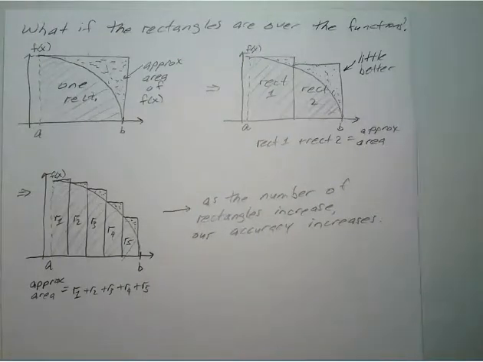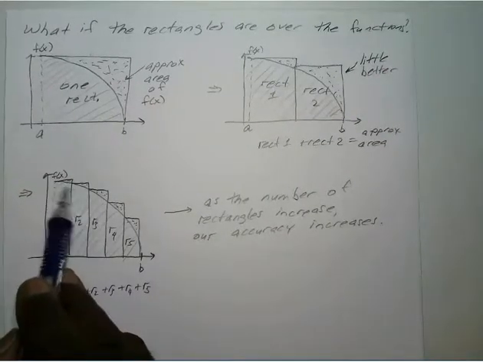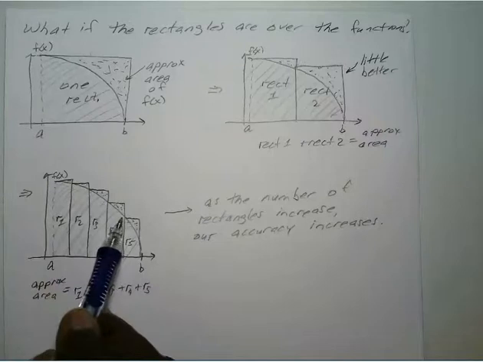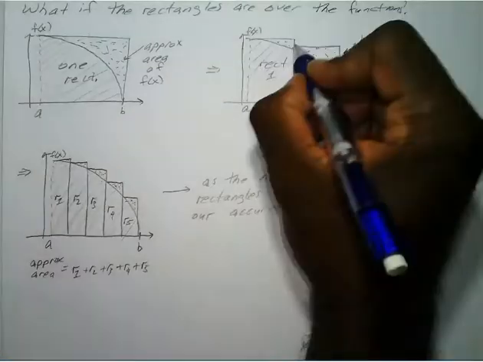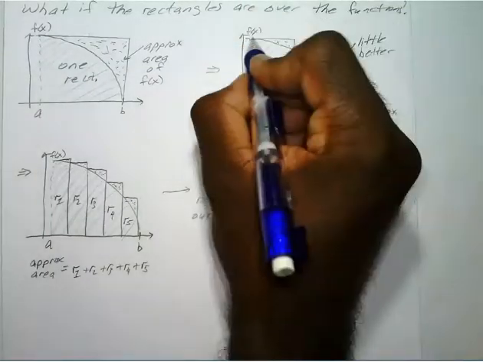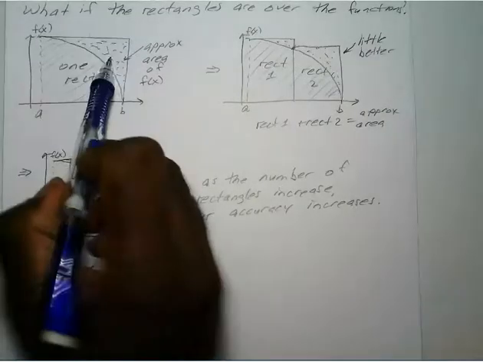All right, so if you notice, all of the left endpoints are actually touching your graph. Over here, notice your left endpoint, left endpoint, left endpoint are all touching the function. But they're all going over.